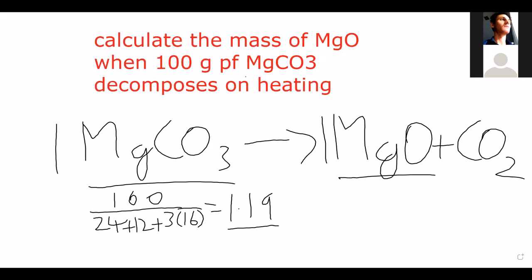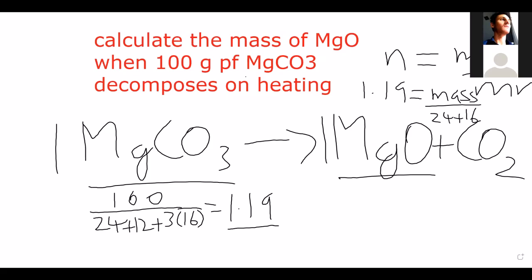Now we'll use the formula n equals mass upon Mr. n over here will be 1.19. We have to find the mass, and the Mr of magnesium oxide is 24 plus 16. So the mass will be equal to 47.6 grams.